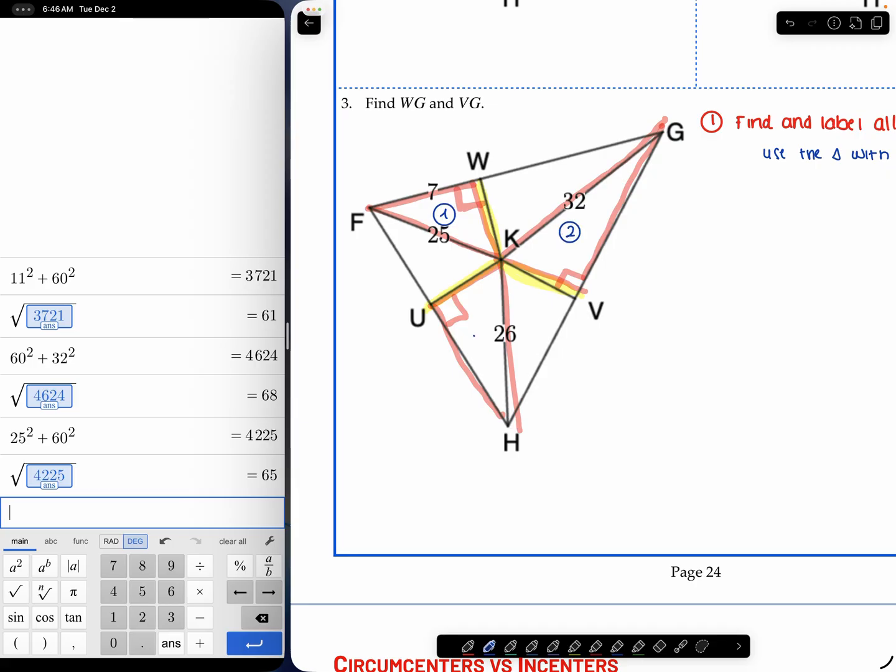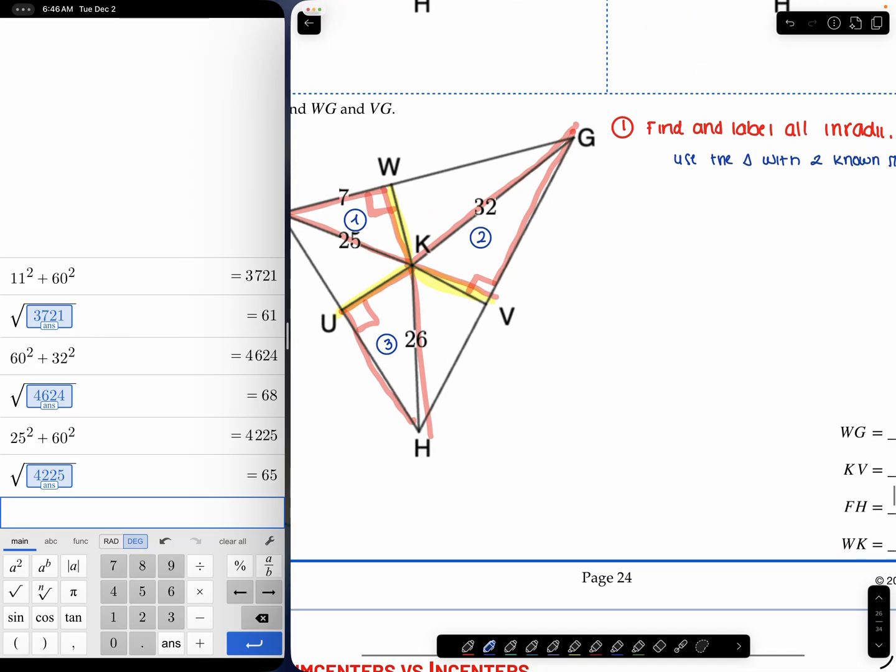I'll do that one second and that one third. Triangle number 1 tells me that my hypotenuse is actually 25, so 25 squared equals 7 squared plus WK squared. We're going to subtract out that 7 squared, which is 24.